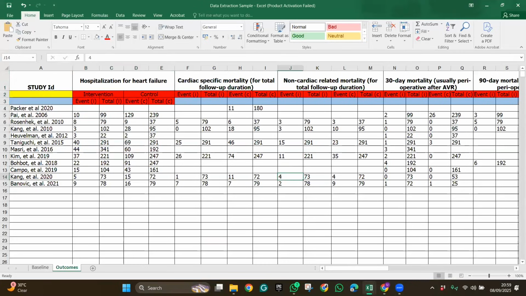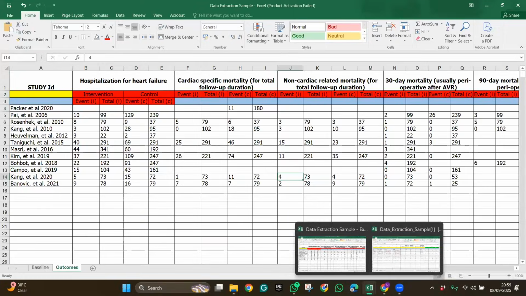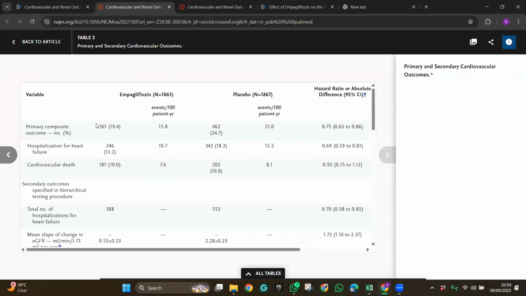Okay, so I have 246 patients out of 1863 presented with this outcome. So 246 patients out of the 1863 reported this outcome in the intervention group. Similarly, 342 patients out of the placebo group, which is 1867, reported this particular outcome.